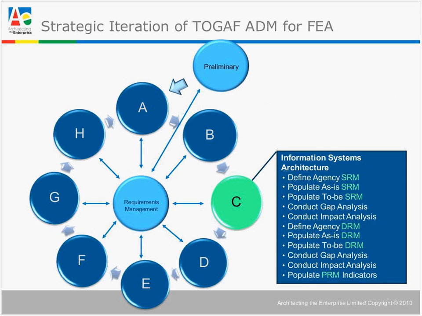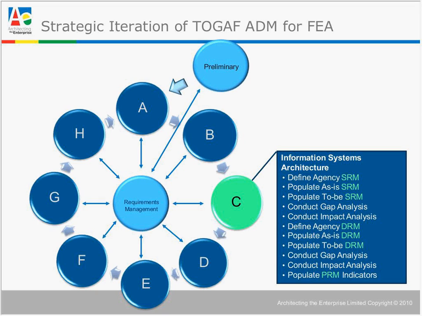Information systems architecture. In TOGAF, it's one phase, but actually two separate activities. One is to define your application architecture, and one is to define your data architecture.